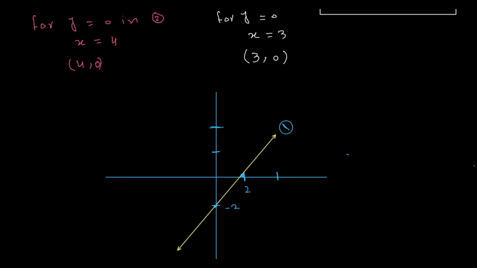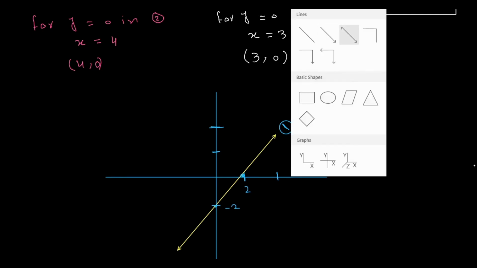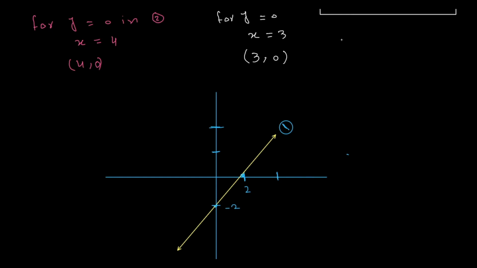Line 2 will pass through these points. So this is 4 and this is approximately 2.